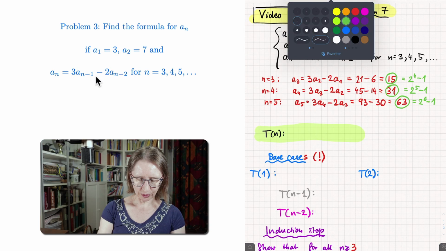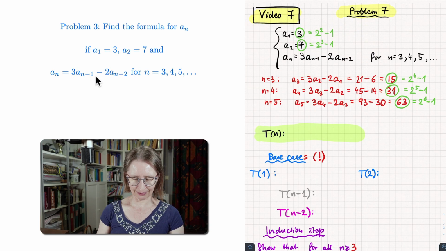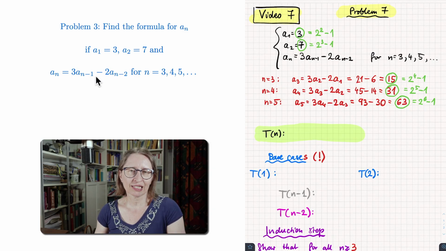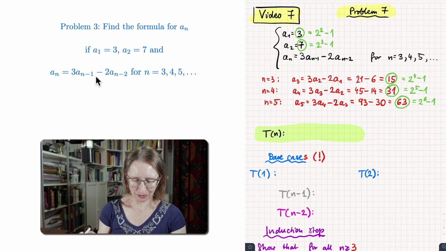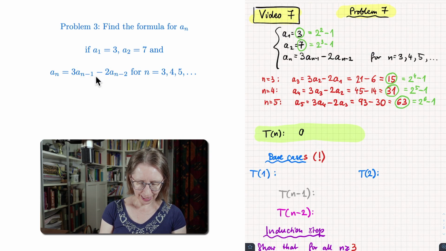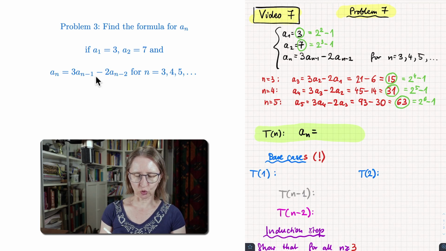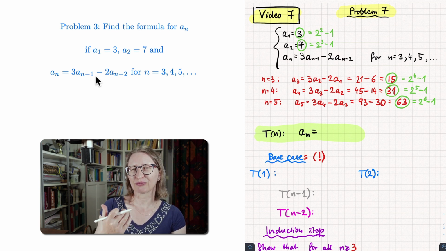So altogether we can make a guess, which seems kind of plausible, that a_n is equal to, look, a_1 was 2 squared minus 1, a_2 was 2 to the 3rd minus 1.